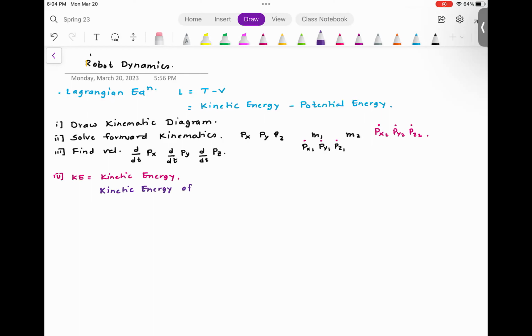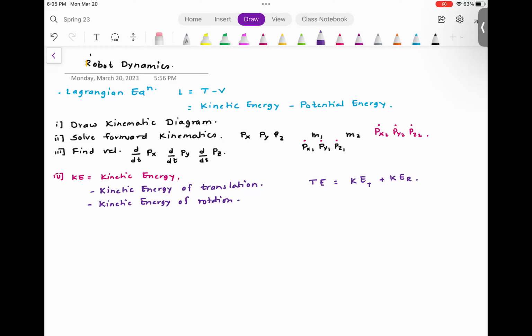And second is the kinetic energy of rotation. So you have to find out the total kinetic energy, which is kinetic energy of translation plus kinetic energy of rotation.